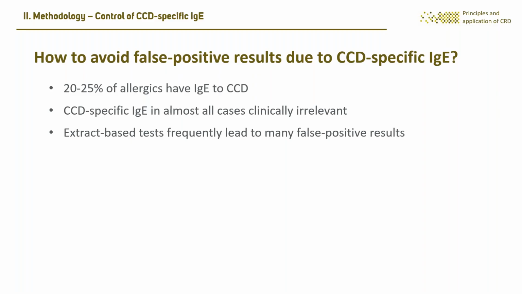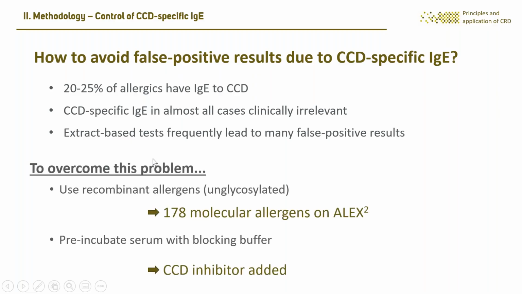So now, as promised before, I said that there's a solution for this problem associated with CCD-specific IgE. It is a huge problem because a quarter or a fifth of patients actually have IgE to CCD in their serum. And as mentioned before, they are almost always clinically irrelevant, and they can lead to false positives in extract-based tests.